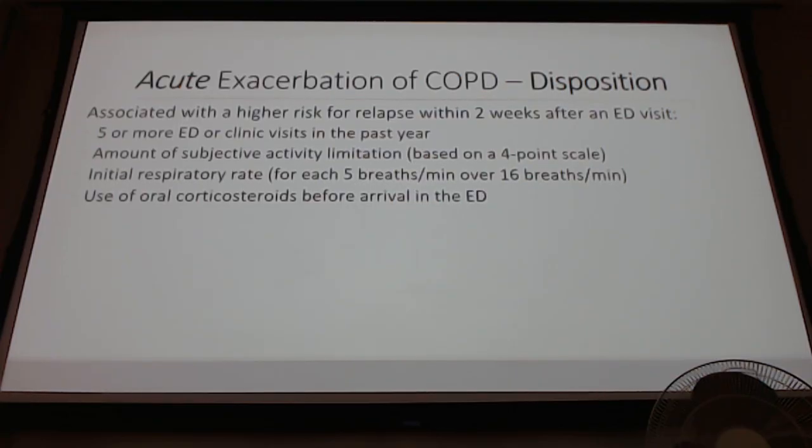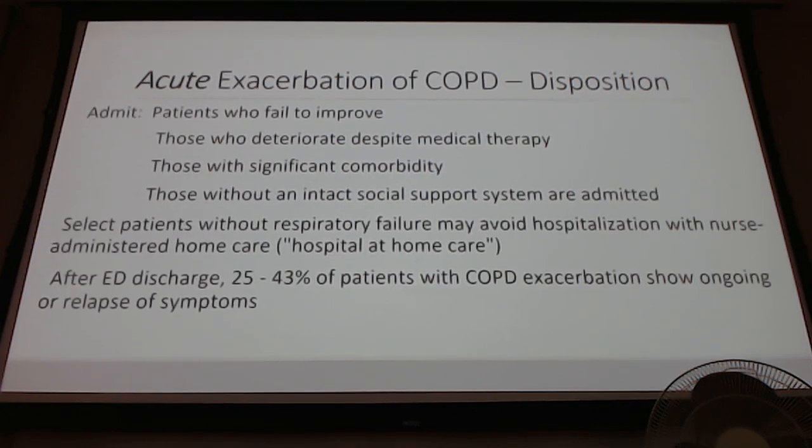If they can tolerate it without becoming hypoxemic, then we can hopefully disposition them home. Anybody that doesn't improve with therapy, or has significant comorbidities, we want to consider admission. Or once again, if they don't have a social support system, we're going to consider that as well.